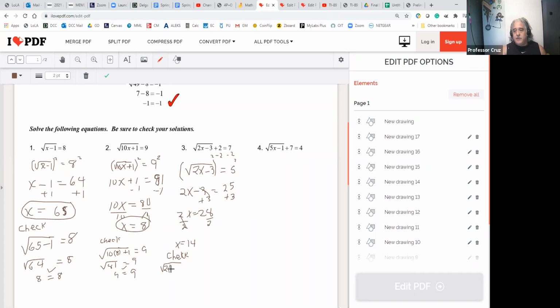Looks like it's right, but okay, so that's 18, I'm sorry, 14 times 2 is 28, minus 3 is the square root of 25.